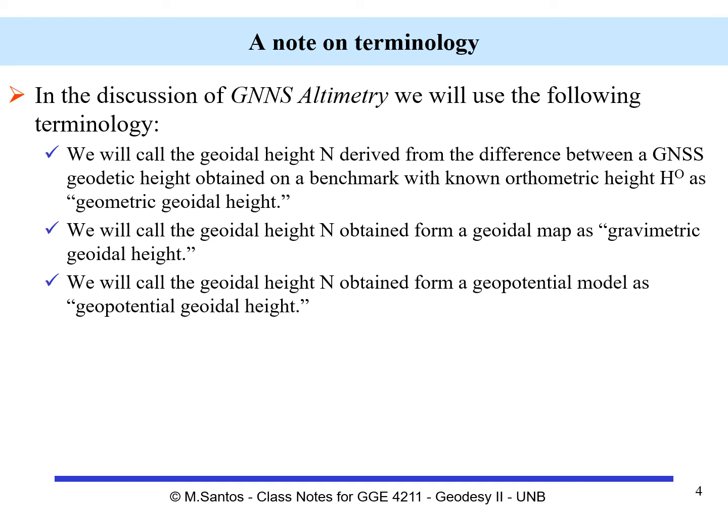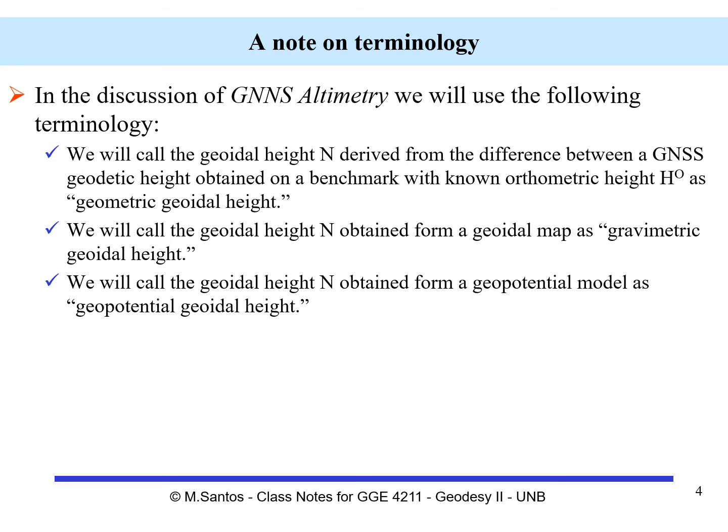But first, a note on terminology. In the discussion that we're going to have now, there are 3 important terms that we define beforehand. The first one is geometric geoidal height. We're going to call the geoidal height N, derived from the difference between a GNSS geodetic height obtained on a benchmark with known orthometric height, a geometric geoidal height.